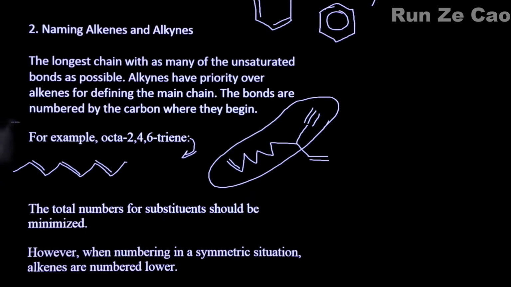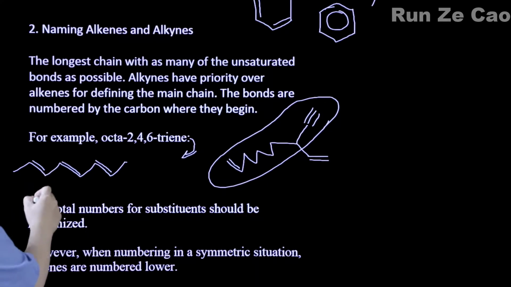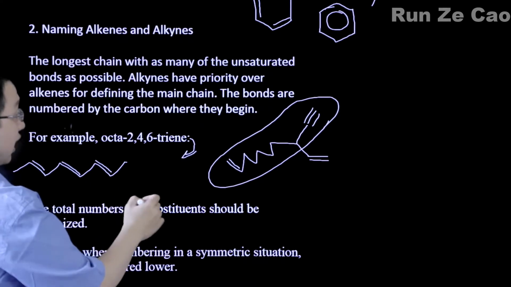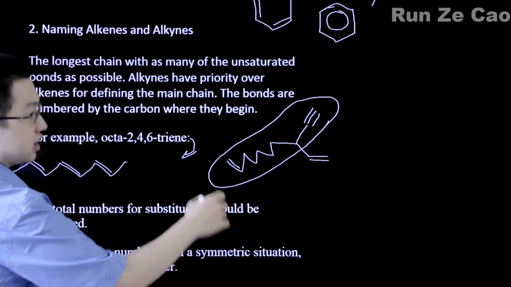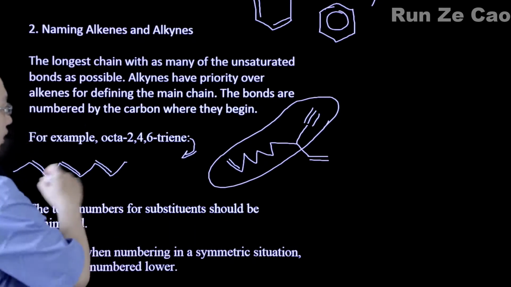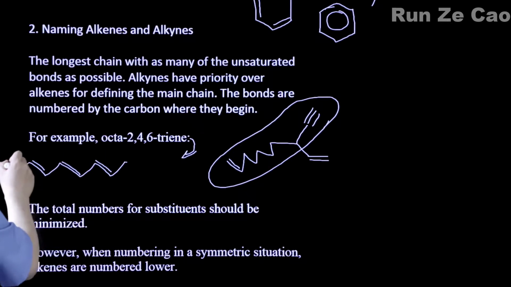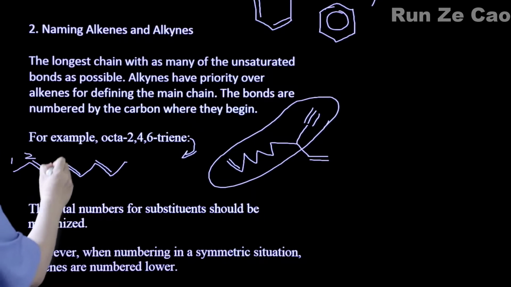And that's it. Now, this we could also write out as CH3, CH double bond CH, CH double bond CH, CH double bond CH, CH3. But that was a little bit long. So, we number these by the carbon where they begin.